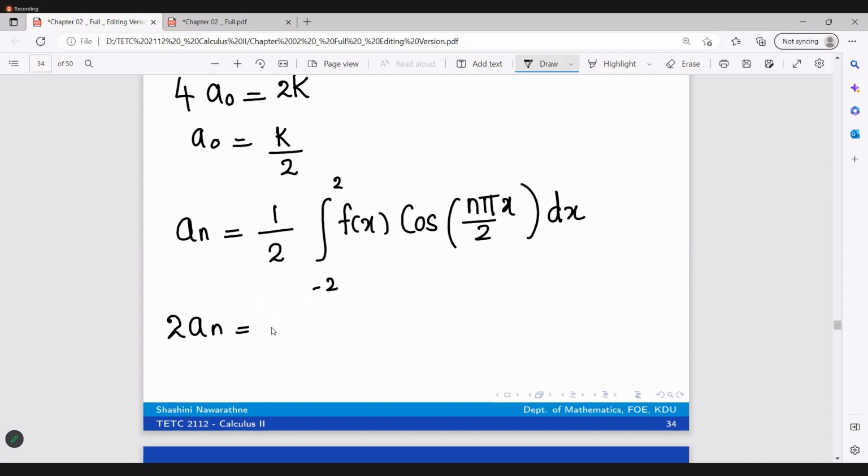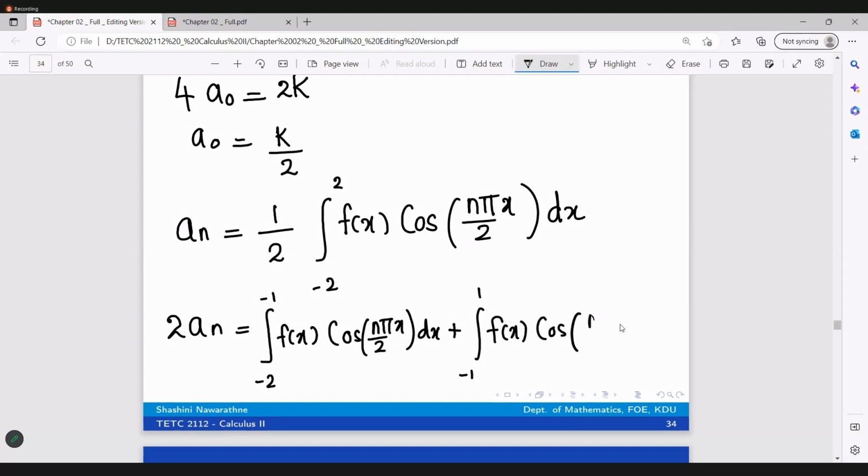So we can divide this integration into 3 parts: from minus 2 to minus 1, f of x cosine n pi x over 2 dx, plus from minus 1 to 1, f of x cosine n pi x over 2 dx, plus 1 to 2, f of x cosine n pi x over 2 dx.